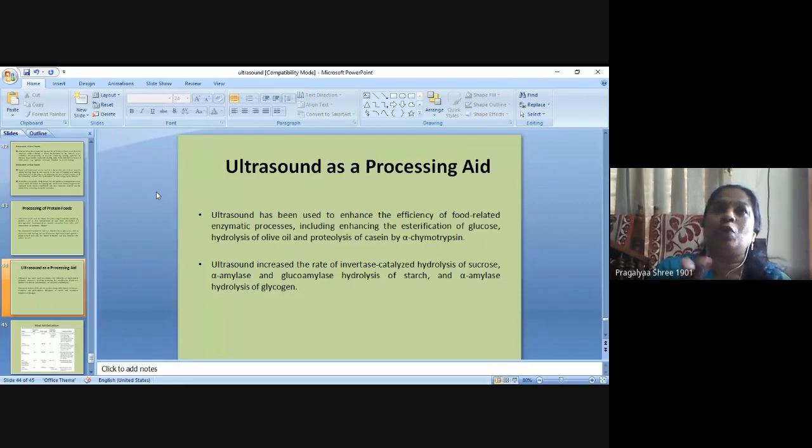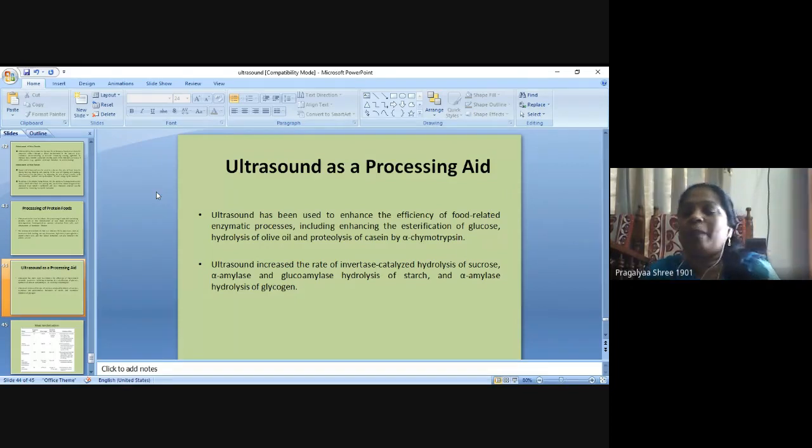Liquefaction is nothing but the conversion of the large starch molecule into smaller fragments like dextrins, by using the enzyme called alpha amylase. That is liquefaction, breaking down the starch molecule into certain lengths. That is a hydrolysis process.